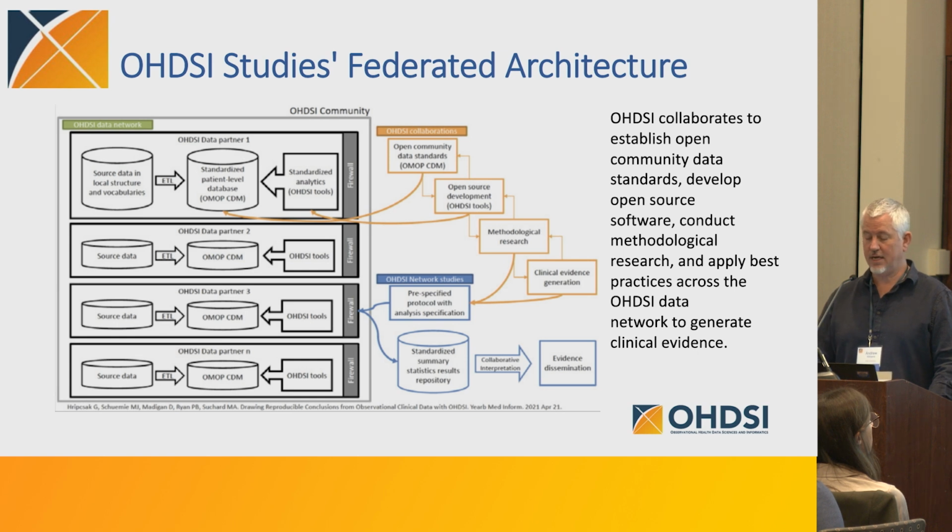So you conduct the analyses locally, share them centrally, and the right-hand side shows the fact that people are continuously working on improving the data standards, the software, the methodological research, and using it to do evidence generation. Ends up as a protocol, a pre-specified protocol that goes to the sites for being run, and then that gets shared and synthesized. And we're going to be covering all of those different aspects in the tutorial today in more depth.